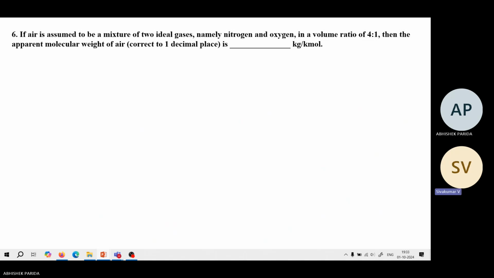I have obtained 27.8 kilogram per kilomole. Okay, we'll see. One more minute, after that we'll discuss.